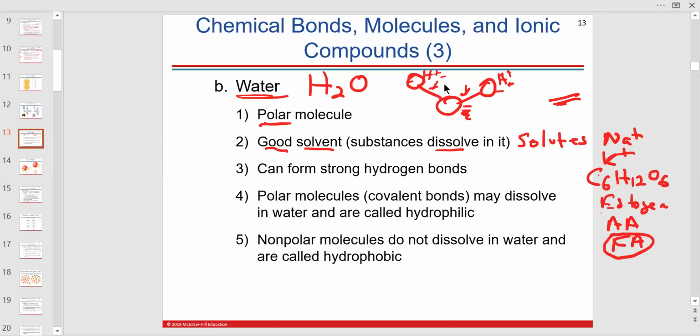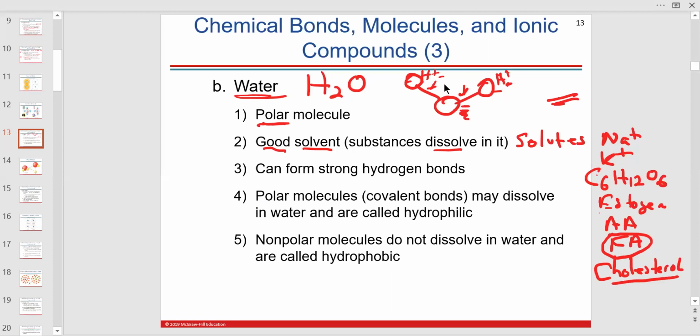Why? Because it is, what's a good word to use? Or let's say cholesterol. Cholesterol is a lipid. Everybody got that? Cholesterol is a lipid that is the basis for all steroids: estrogen, testosterone, cortisol, progesterone, aldosterone. They're all steroids. So cholesterol is the base for all of those.